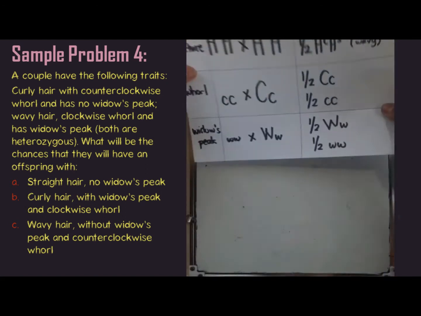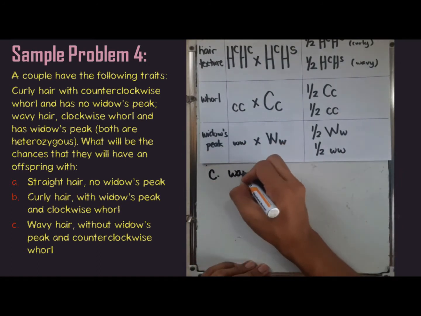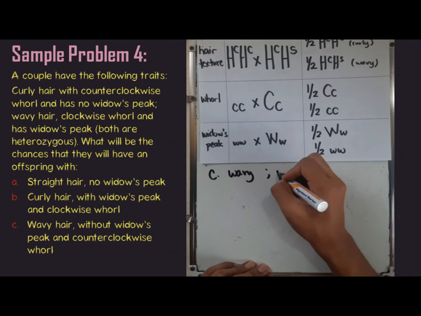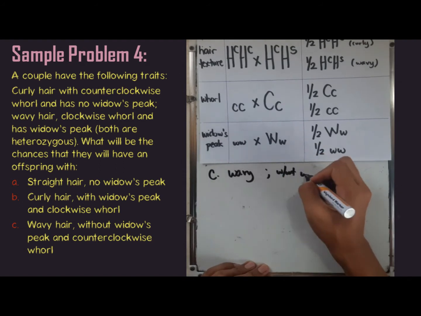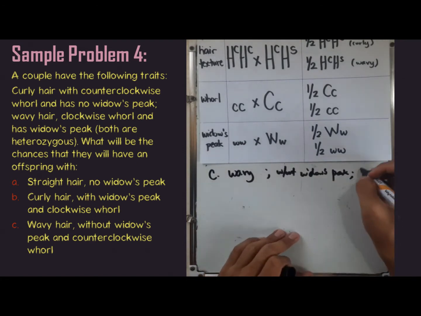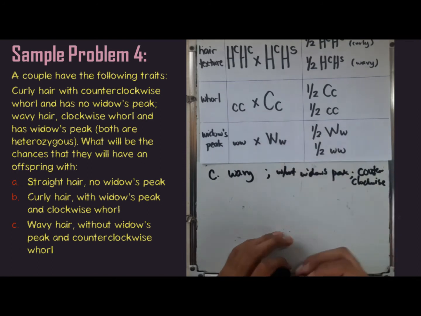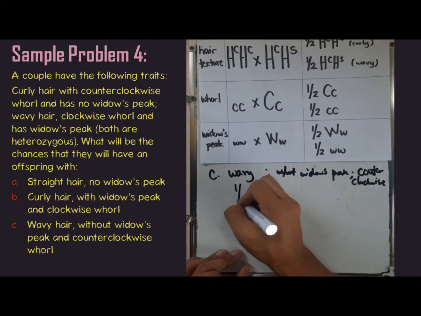And lastly, for letter C, it is the presence of wavy hair, then without widow's peak, and lastly, the presence of the counterclockwise whorl. Okay, the presence of wavy hair is equivalent to a probability of 1/2.